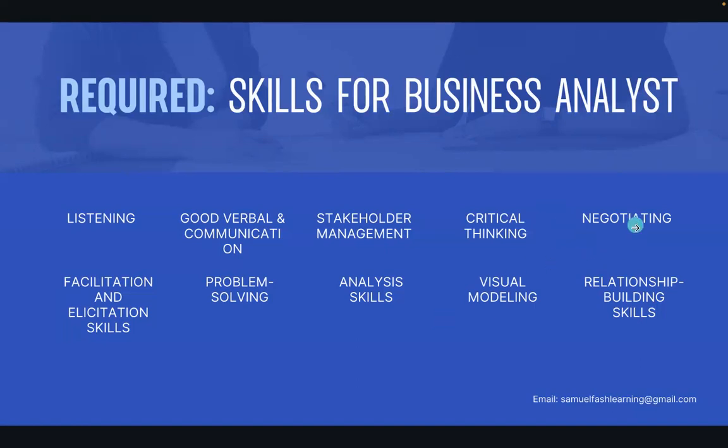And also they're very strong at negotiating skills. So if you find yourself as a BA, either during the development work or maybe during requirement gathering, you must be able to negotiate very well, because you can find yourself with a stakeholder that is trying to impose a requirement on you.